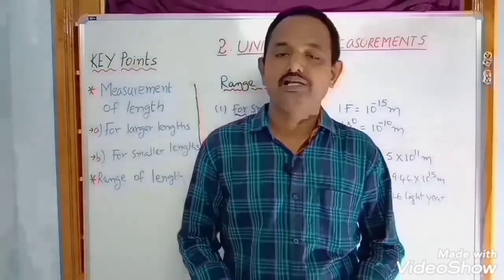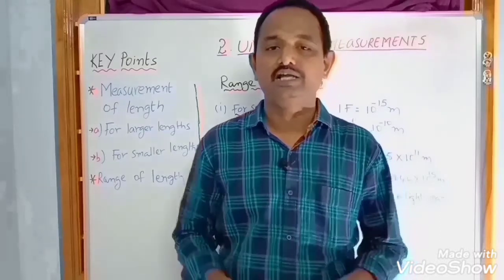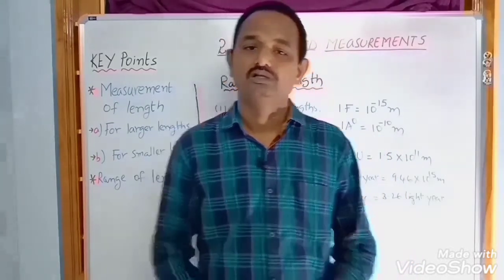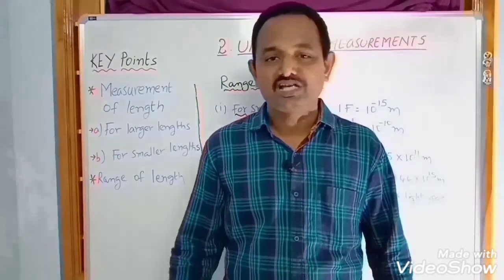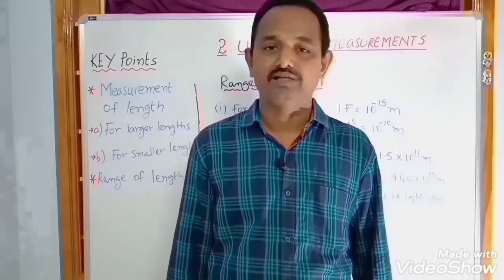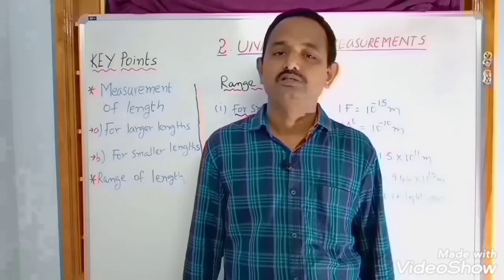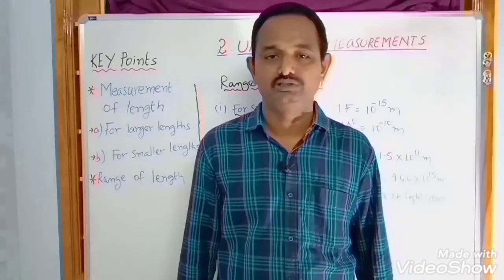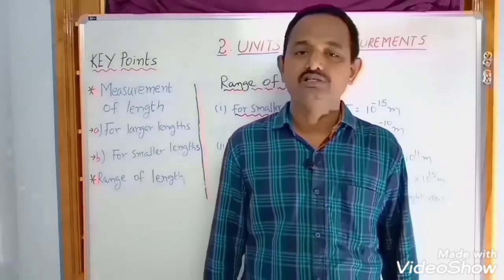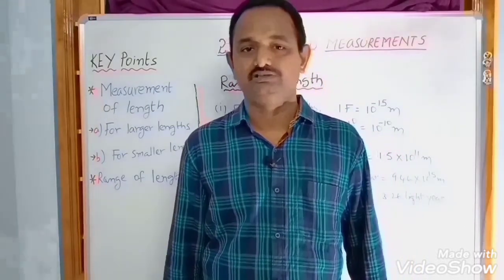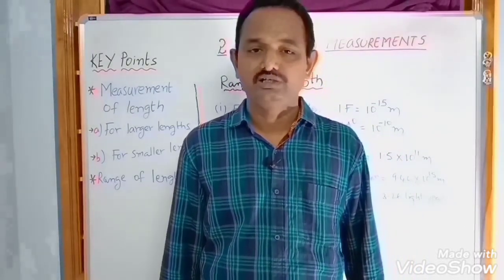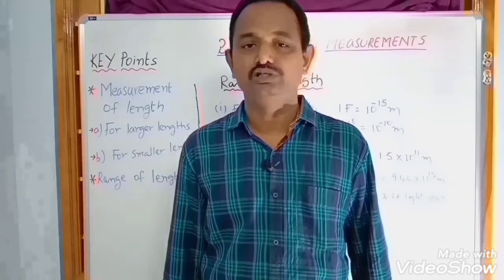For larger lengths, we will take larger units like astronomical units and light year. What is meant by astronomical unit? The distance between Sun and Earth is measured in terms of astronomical unit.